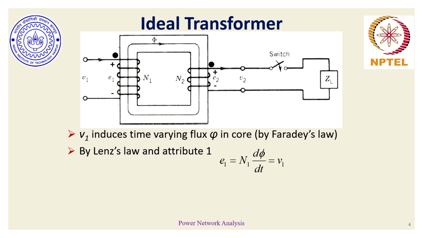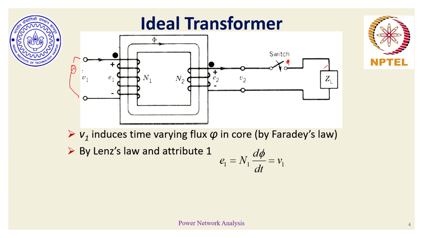Now consider this ideal transformer, which is for the time being not loaded. That means this load ZL is not getting any supply because the switch here is open, and I am assuming that a single phase source is connected to these terminals here. The load is still open, and we have to understand how this transformer actually operates.